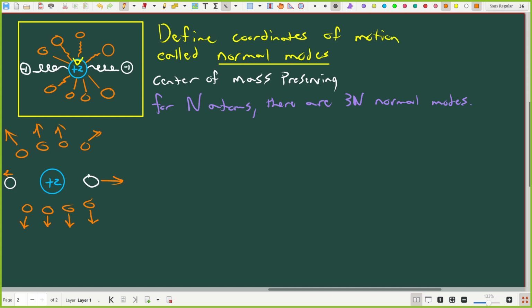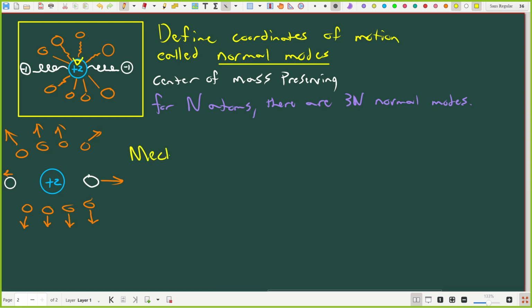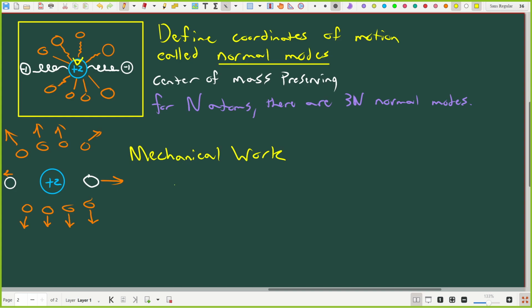So this is what we call mechanical work. You have a net motion of atoms pushing against the boundaries of your box, making this shell of atoms stretch and get bigger. This is it doing mechanical work against the system.